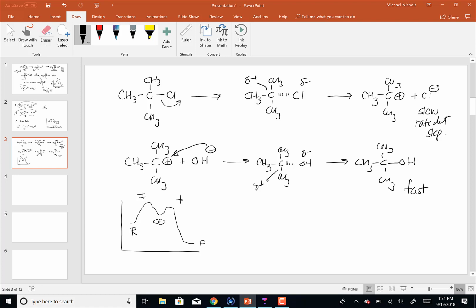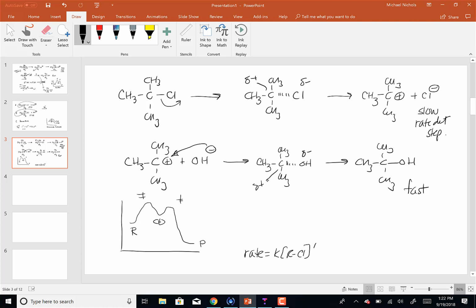So that's this complete mechanism. And we knew that because when we looked at the rate equation, the overall rate equation was k times the concentration of the alkyl halide to the first power. And when we changed the nucleophile's concentration, the hydroxide, nothing happened to the rate. So that means its concentration was to the 0 power.